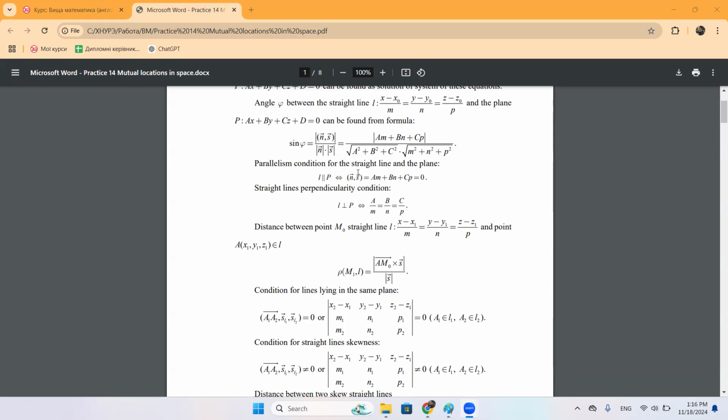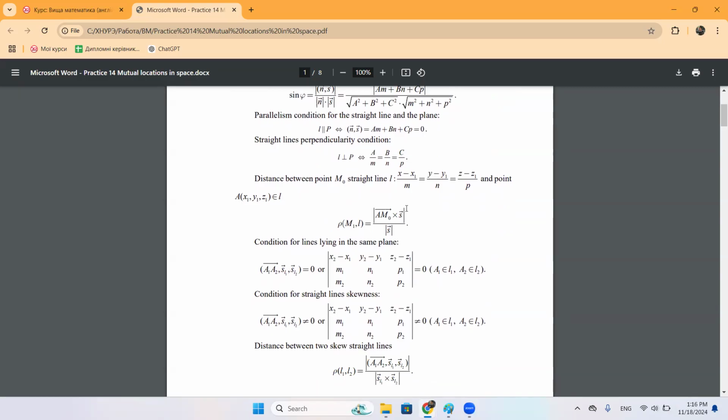As you remember, the normal vector is perpendicular to the plane. That's why we need to check if the normal vector and direction vector are perpendicular, so just their scalar product is 0. And the perpendicularity condition is that the coordinates of the normal and direction vector are proportional.